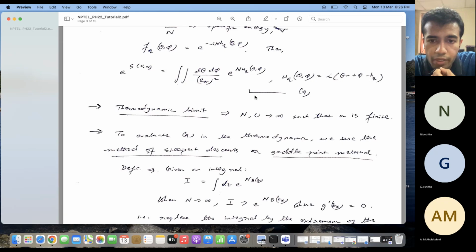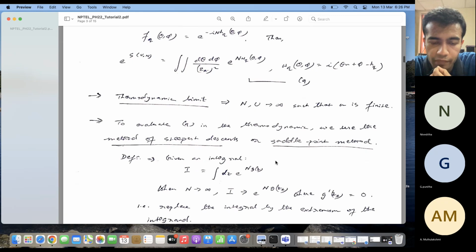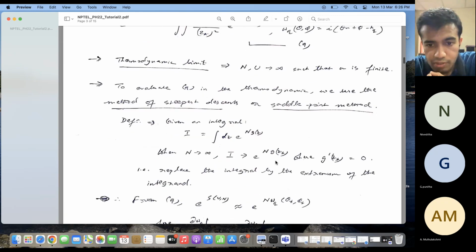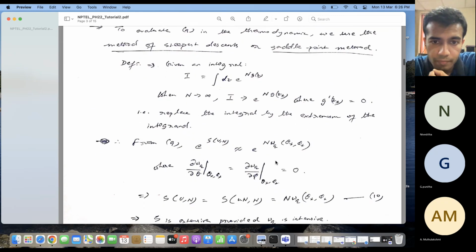Okay, so in order to evaluate this integral in the thermodynamic limit, what we make use of is known as the method of steepest descent or the saddle point method of integration. So what is the saddle point method of integration? If I have an integral I, which is integration over dz e to the power n into g(z), and if I take the limit n going to infinity, then the integral tends to e to the power n g(z star), where z star is a saddle point of this function g(z).